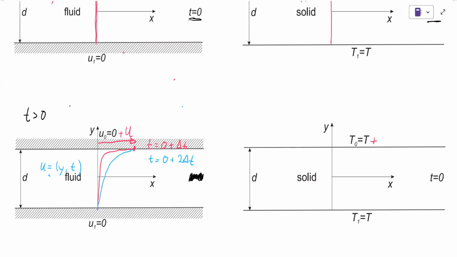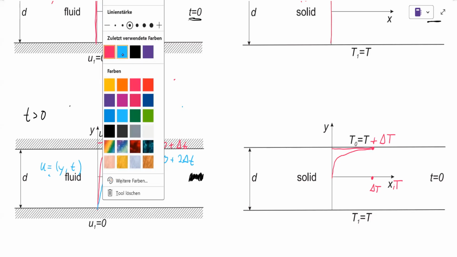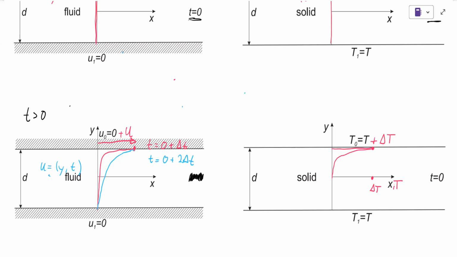Here we see a temperature plus a certain temperature, delta T. If this is not y and x, but y and t, then we would see that at the upper plate, the solid next to the upper boundary has a raised temperature, delta T. For small times, we would see a very similar behavior compared to the left-hand side for the fluid, so that only parts of the solid which are very close to the upper plate raise the temperature.